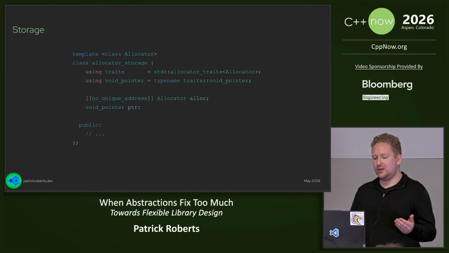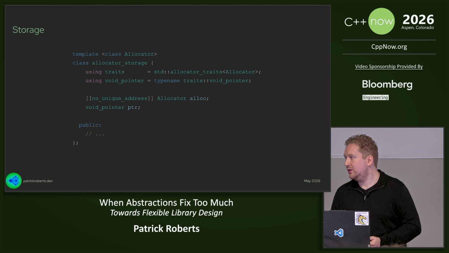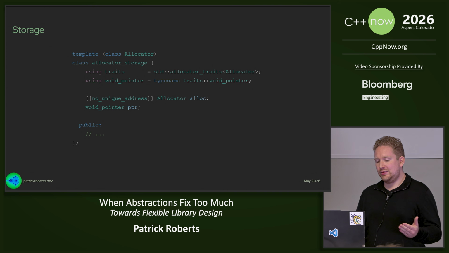So it takes that as a template parameter, and what it stores in the class layout is a void pointer, whatever that means to that particular allocator specialization. And this emphasizes the point that storage is always dealing with a type erased object. It's not intended to deal with an object with normal semantics.